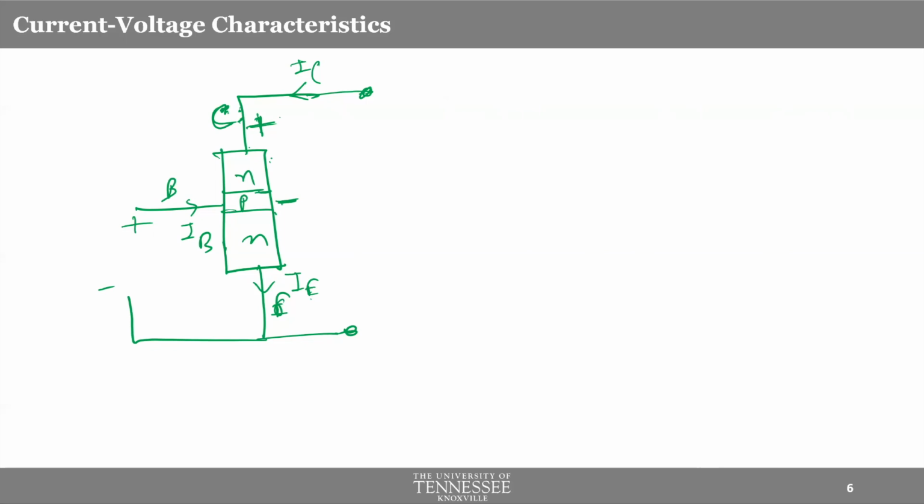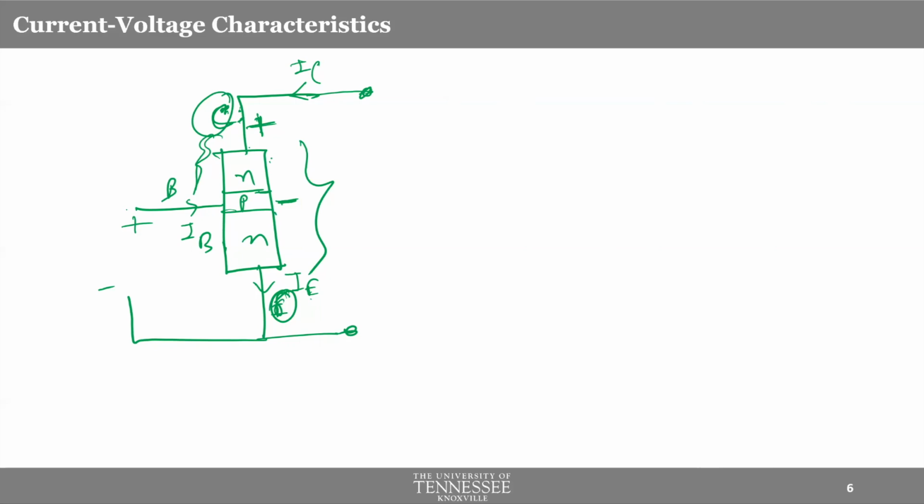Now when you apply your VCE, that means the voltage across the entire stack, you essentially will increase the voltage across VCB as well, because a part of VCE will go across VCB. So when you increase VCE, you will have a higher VCB, the collector base voltage. By the way, the collector base voltage is a reverse bias voltage.